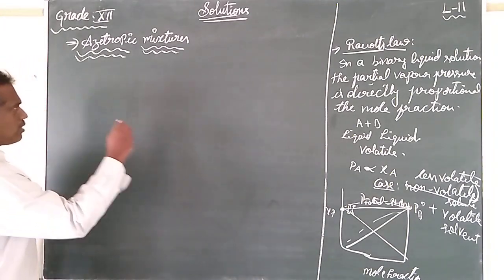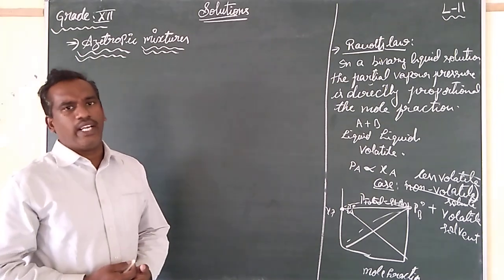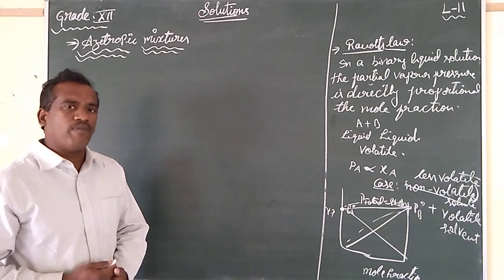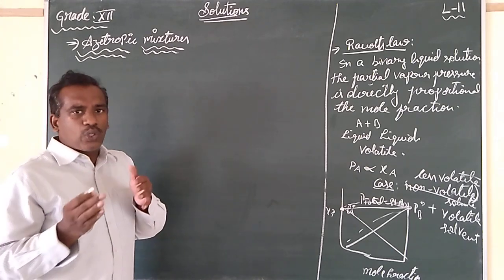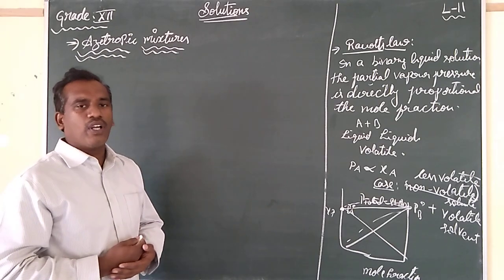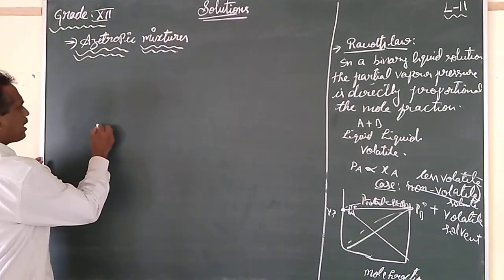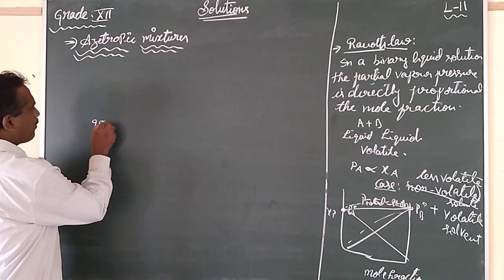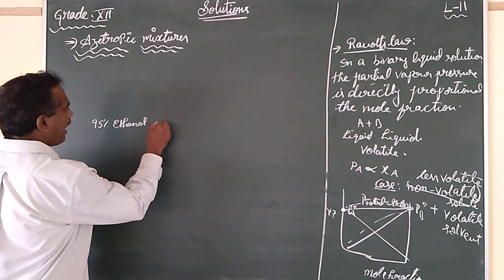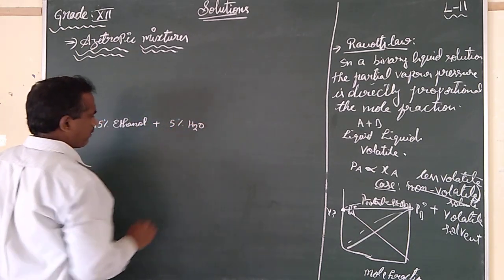Remember, children, when we prepare alcohol from sugar cane, the juice upon fermentation gives alcohol. They obtained this alcohol in a ratio of 95% ethanol and 5% water.